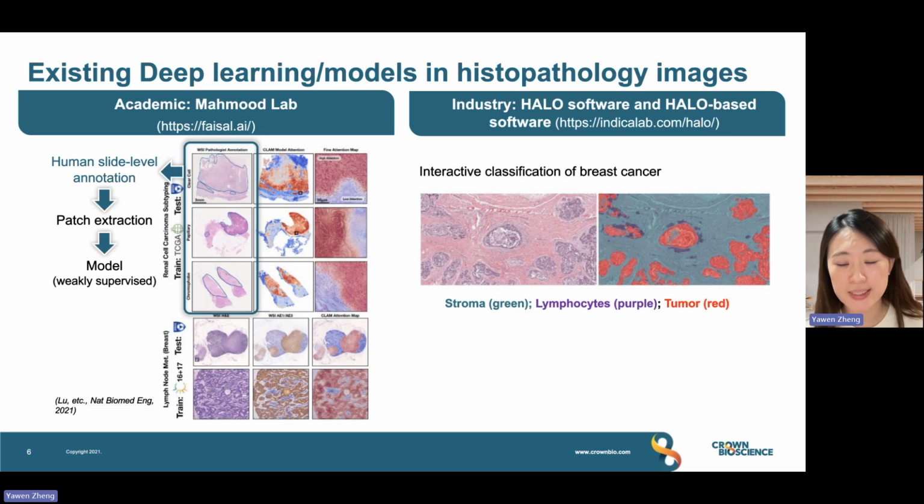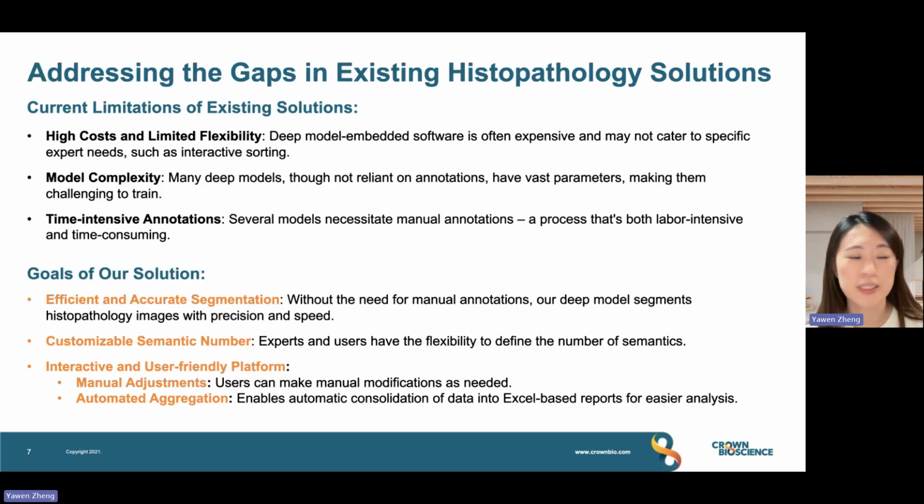Although there are some amazing research and studies here, they still have some limitations. For example, the deep model embedded software is often very expensive, and it may not satisfy all the needs that the pathologists have, such as the interactive sorting function.